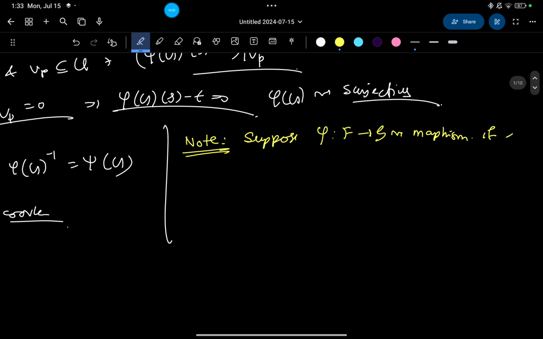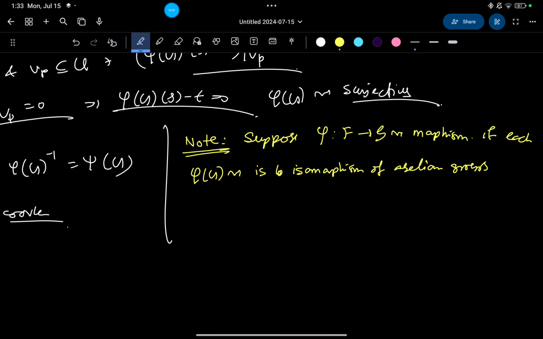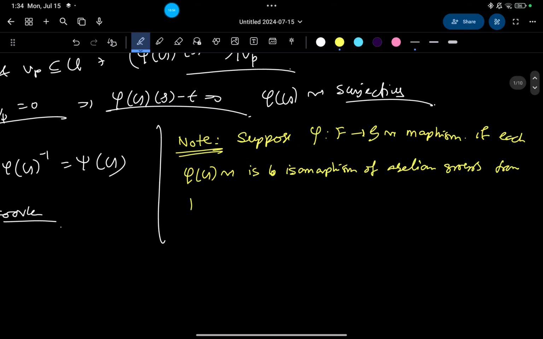Now if each phi of u is an isomorphism of abelian groups from f of u to g of u, then phi is also an isomorphism.